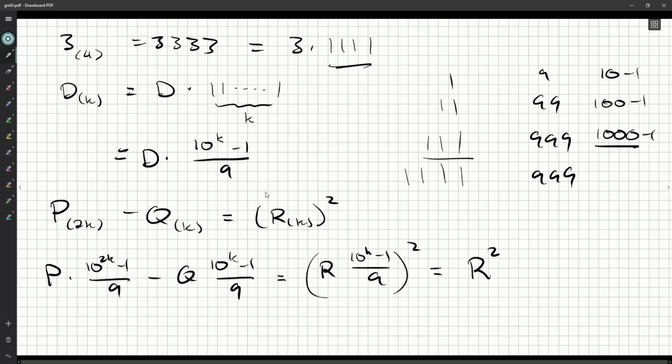So that would be r squared times 10 to the 2k minus 2 times 10 to the k plus 1 all over 81. Okay, so this is an actual equation that we can work with, that we can manipulate.